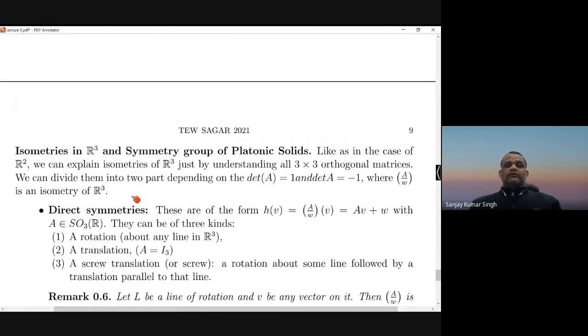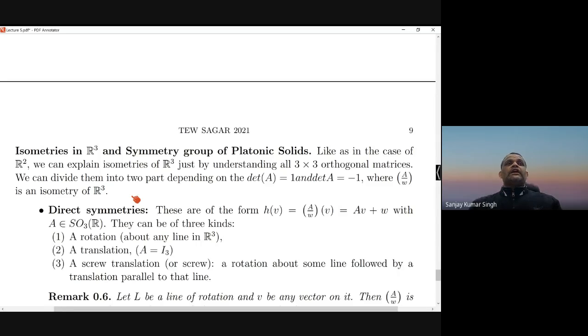The same question you can ask: what can we say about R3? What are the finite subgroups of SO3, and how are they connected to the symmetry groups of some objects?